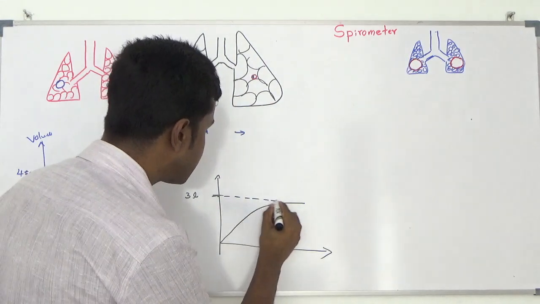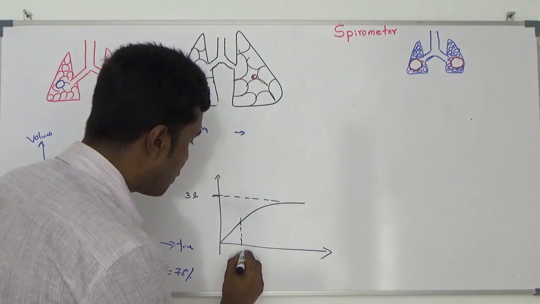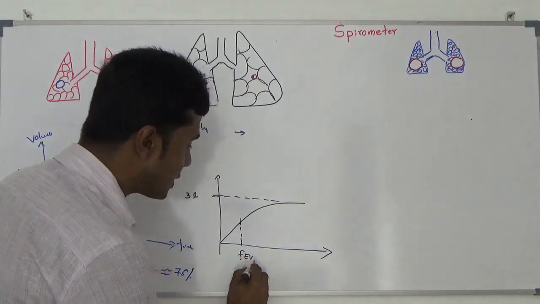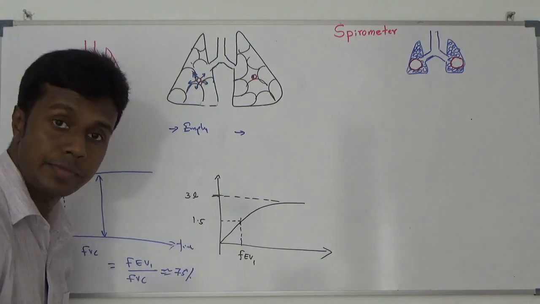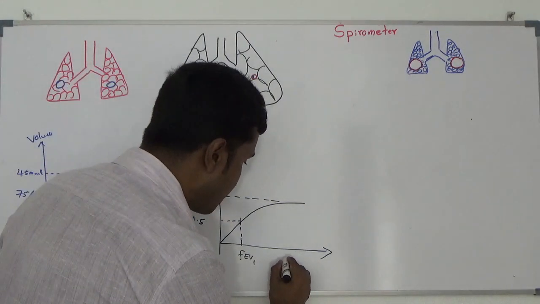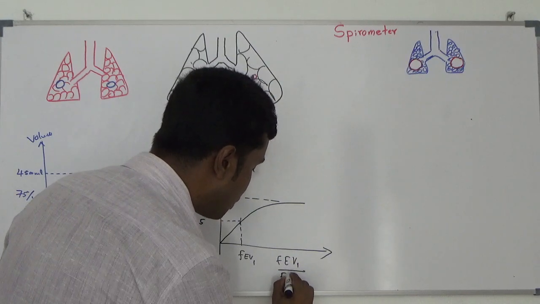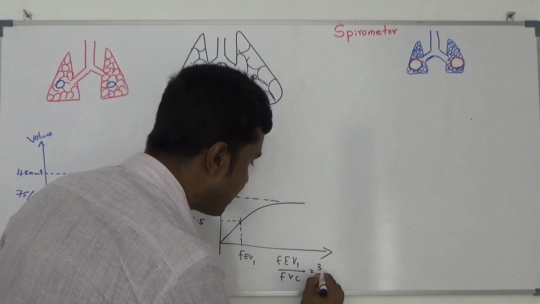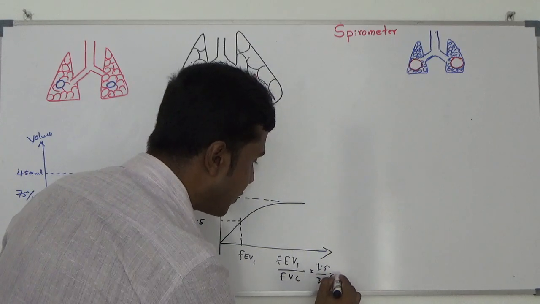Total amount 3 liters. Within the first second, the forced expiratory volume in 1 second, it may be somewhere around 1.5 liters. In that case, FEV1 divided by FVC, here 1.5 liters divided by 3 liters, is roughly 50%.